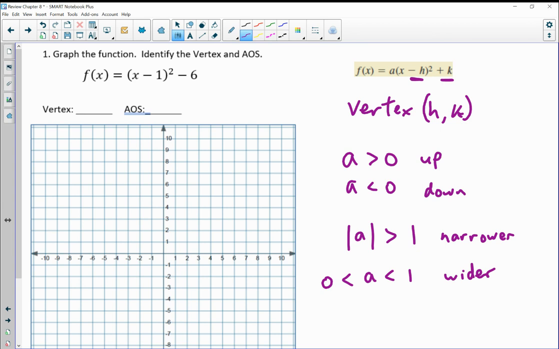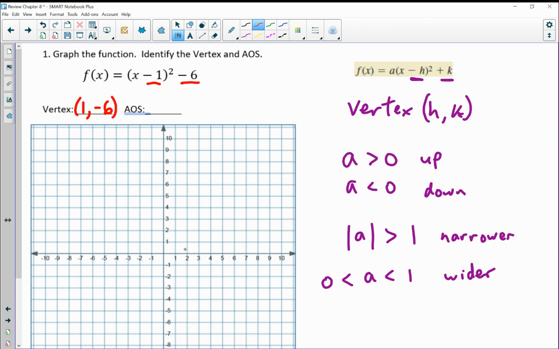Okay, so let's look at our current problem. We have our function (x minus 1) quantity squared minus 6. Quickly we identify where the vertex is. Opposite of this number, so it's a -1, so opposite would be +1, and regular of this number, it's a -6.